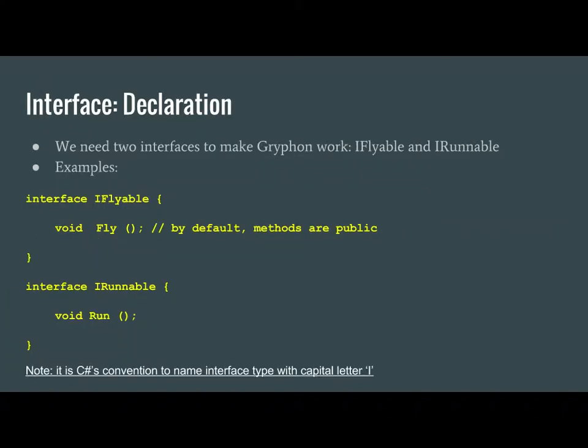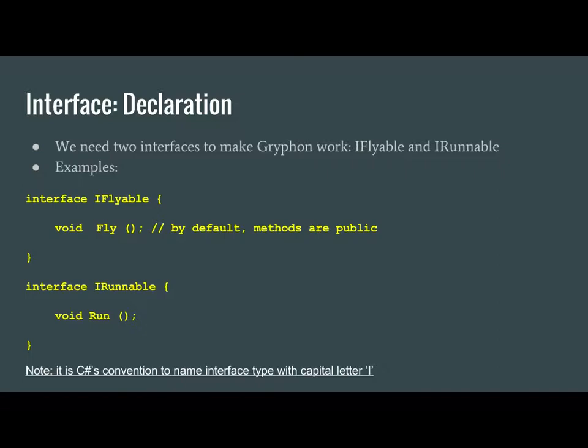Okay, so let's go back to our Griffin example. How do we want to implement Griffin while not inheriting directly from Lion and Eagle? It turns out that we just need two interfaces to make Griffin behave similarly to Lion and Eagle. So what are the features of Lion and Eagle?